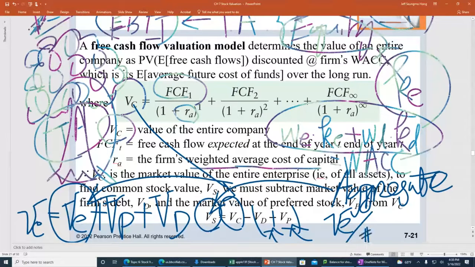If you divide it by the number of shares outstanding, then you get the value of the common stock per share, right? That's the whole idea behind it.